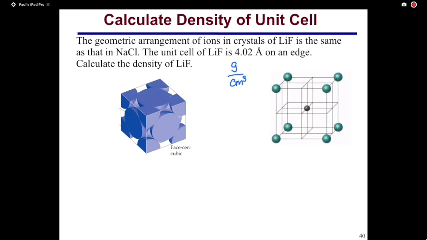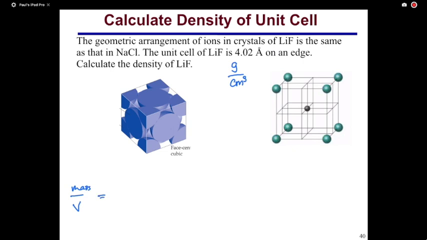You know you have a ratio of 1:1. Okay? But we don't need the ratio of 1:1. We need to know how many atoms are inside that. Okay? And we need to know its volume. Do we know its volume? No. Can we calculate its volume? Yes. So we need a volume and we need a mass.